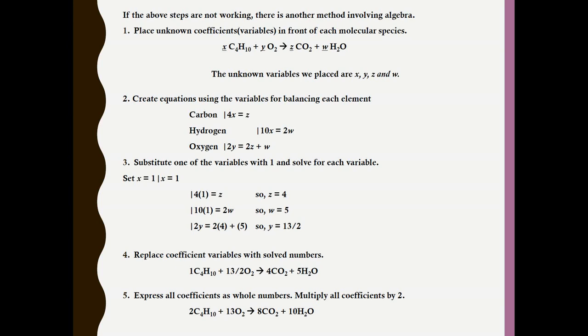So when I have 13 divided by 2, I have to change this number because it's not in the least coefficient form. I have to express all the coefficients as whole numbers. So I'm going to multiply the entire equation by 2. In that way, I'm going to get 2C4H10 plus 13O2 yields 8CO2 plus 10H2O.